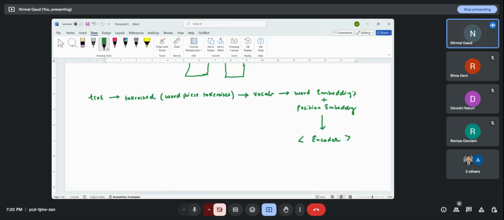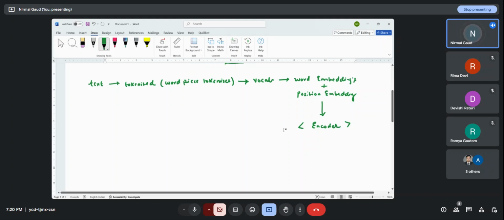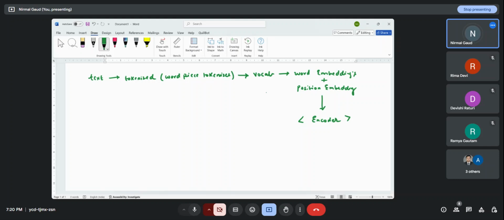In the encoder you have multi-head attention, where a head is a self attention mechanism.